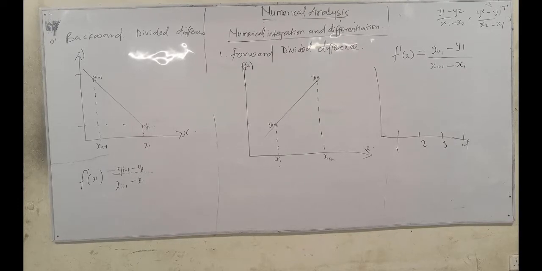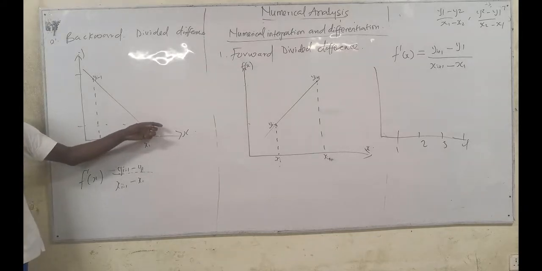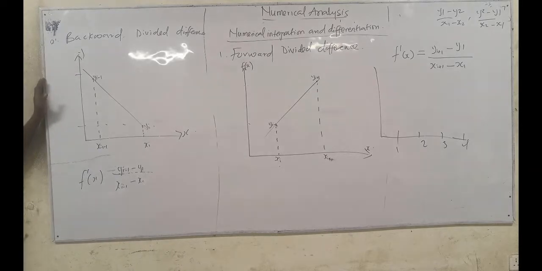If you do that, then this one is correct. The first point we select will be yi, then the backward of that point is going to be yi minus 1. Then for the forward one you select the point in front of it.